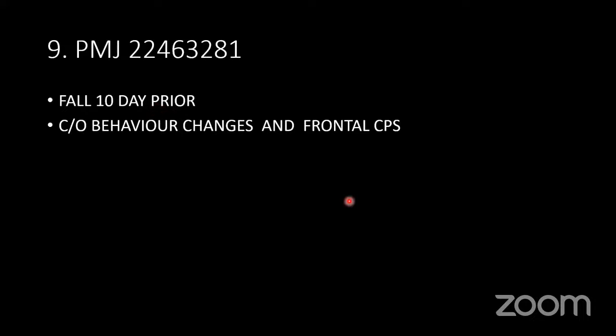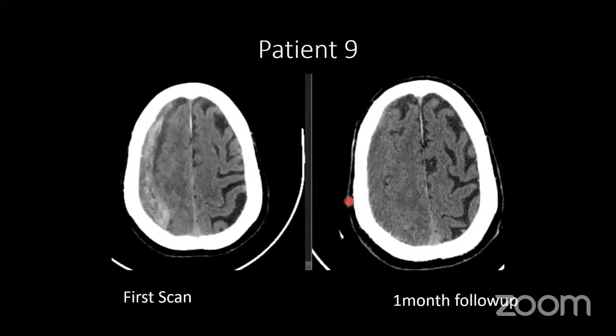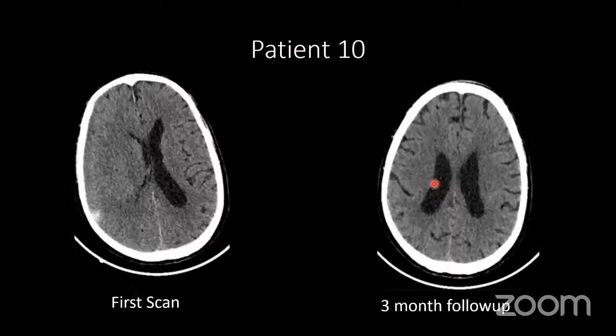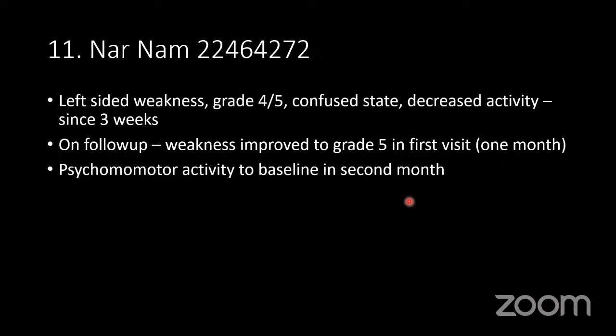Another patient, behavioral changes and frontal CPS. One month follow-up scan shows this progress. Another patient with CKD stage 5 diabetes, and 3 month follow-up scan was normal.